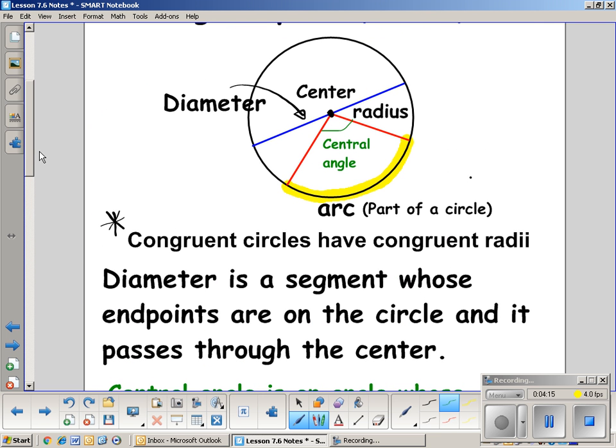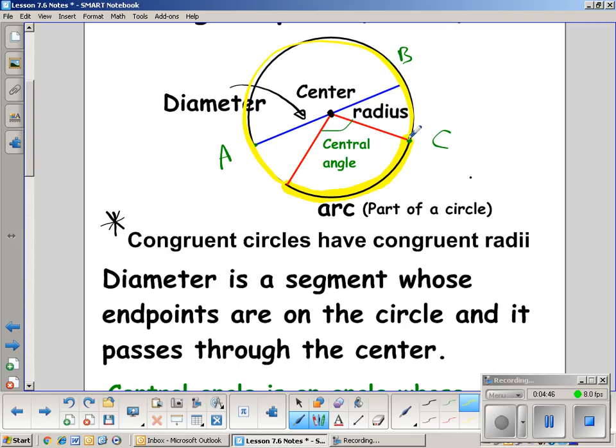So if we go back up to our picture and I said, okay, this is A, and here's B, and here's C. Okay? So arc ABC would be this arc here. That would be arc ABC. That would be a major arc, okay, because it's more than 180 degrees.